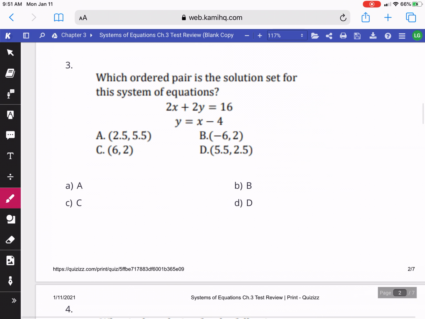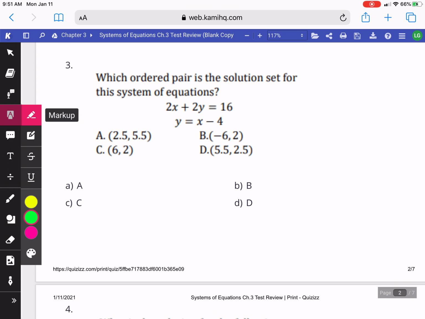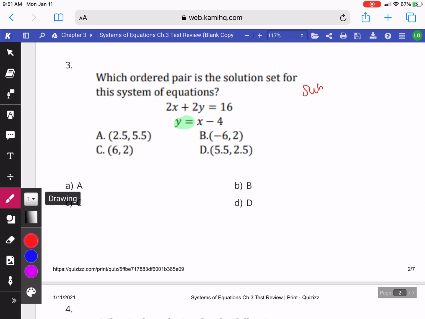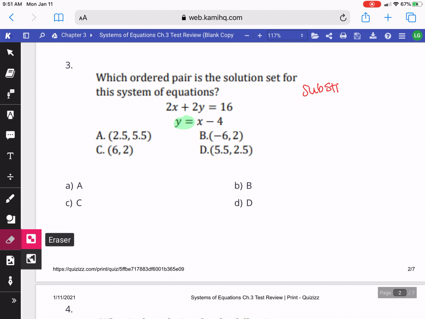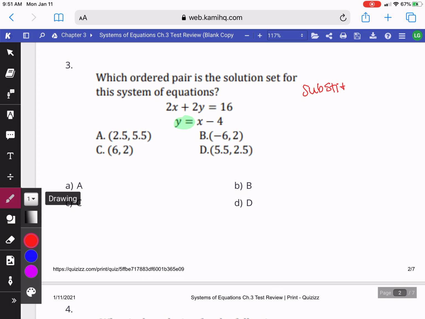Question 3 wants to know which ordered pair is in the solution set for this system. So since one of these equations starts with y equals, we're going to have to use the substitution method. So here we can plug in x minus 4 into this y. So I have 2x plus 2 times x minus 4 equals 16.